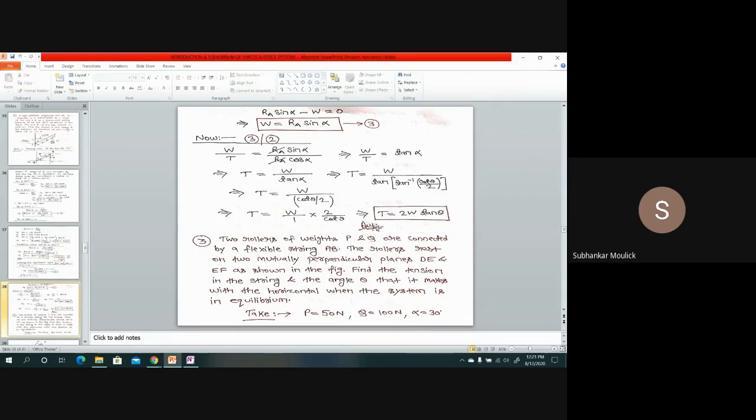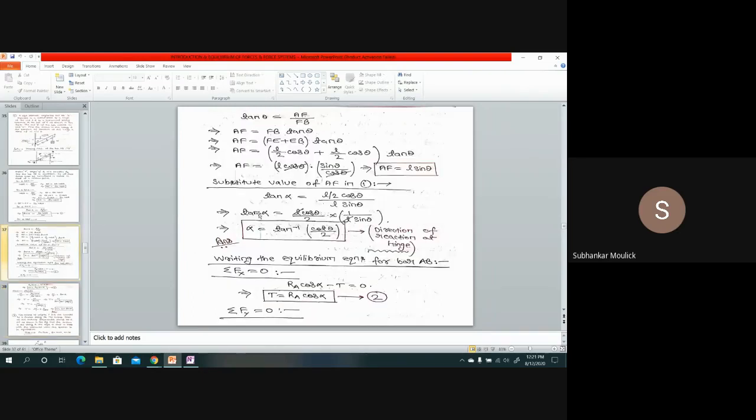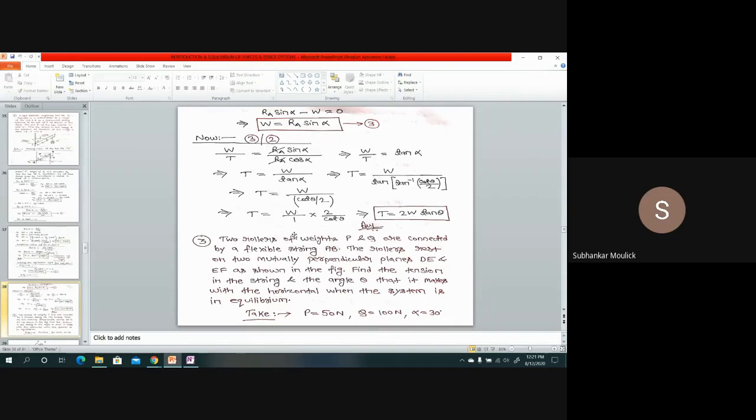So your tension T is equal to 2W tan theta. This is the value of tension that the string will exert, and this is the value of angle alpha with which the hinge is making that reaction to the bar at point E. Is the question clear?